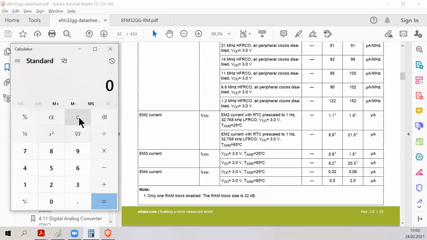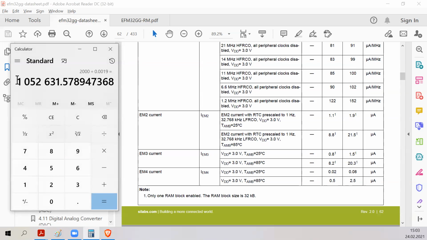So let's check out. Let's say we have the same AA size battery with 2000 milliamp hours. And let's say we put the microcontroller in energy mode 2. Let's take the worst case scenario. It consumes 1.9 microamps, so divided by 0.0019 milliamps.